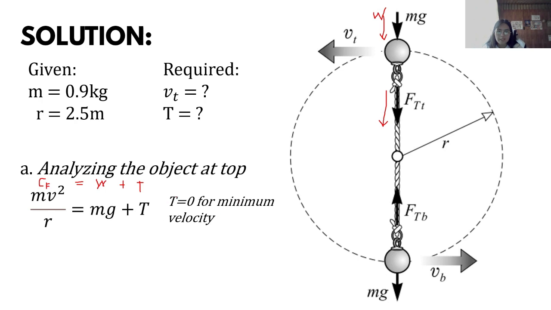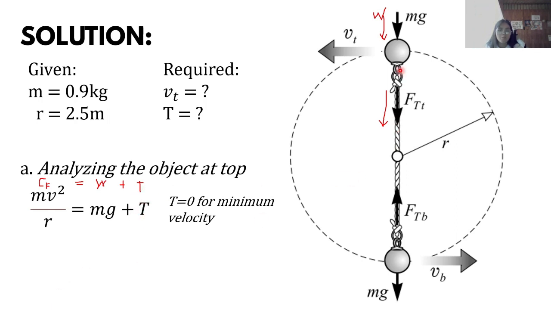So, iset natin si tension equal to 0. Bakit? Para ma-maintain yung circular path, kailangan dapat may value ang tension, di ba? So, para ma-achieve natin yung minimum velocity, dapat yung value ni tension minimum din.